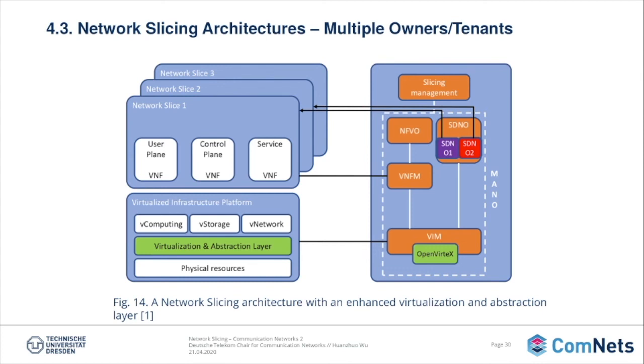It implies the need to introduce an advanced virtualization layer in the virtualized infrastructure platform. This virtualization, or we call it abstraction layer, should be on top of the physical network, but still under the virtualized resource.